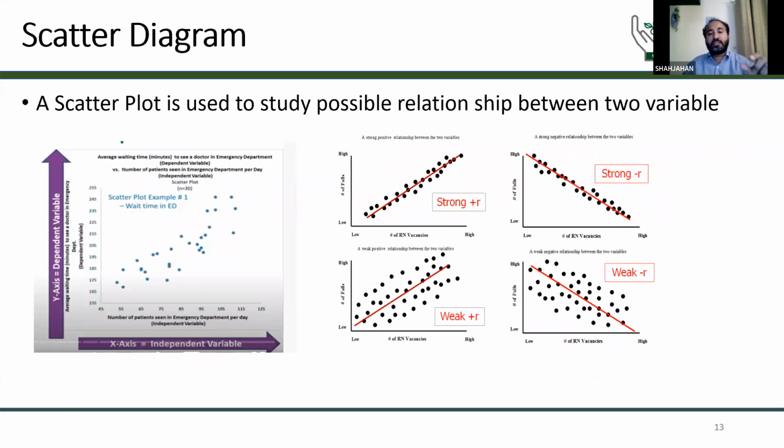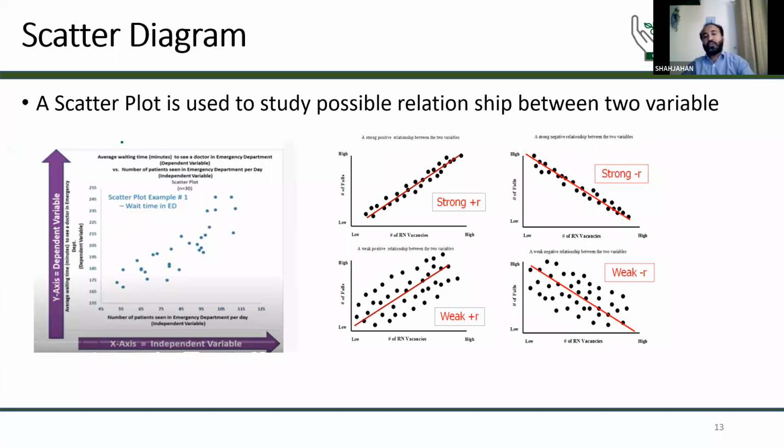So we have two variables. One is nurse and the other variable is the fall. So here we will see, yes, when nursing vacancies are more, meaning a shortage of nurses, we have more fall values. So there is a positive relationship between these two variables, that we are saying correct data. So this is the strong positive relationship.